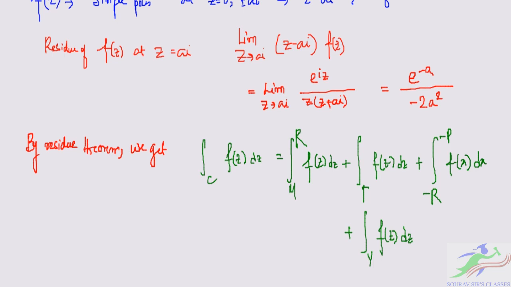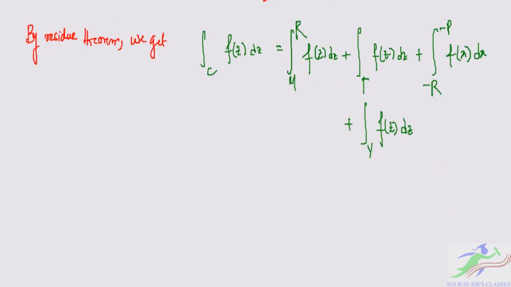Now this equals 2 pi i times e to the power minus a by minus 2a square, which is equal to minus pi i by a square e to the power minus a. Let us take this as equation 1.